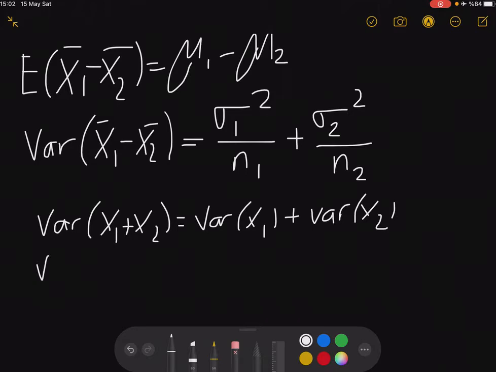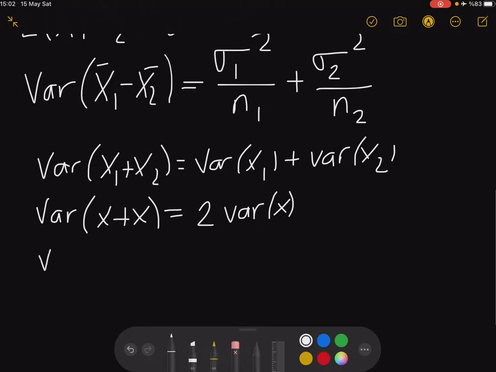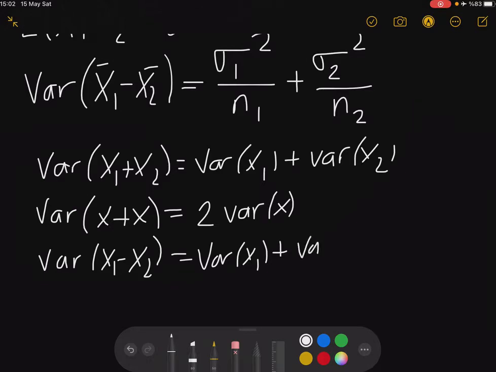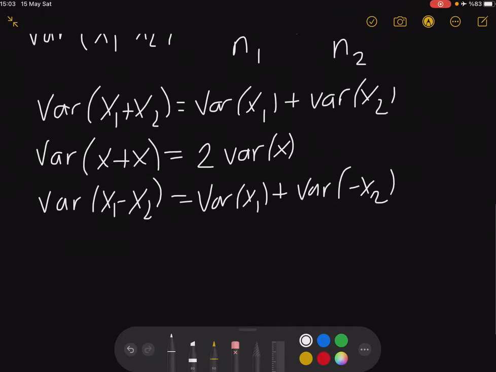And for variance of x1 minus x2, not surprisingly, it will be addition again, because it's variance of x1 plus variance of minus x2. In the theory it's like this. So it's again directly the addition of those variances.